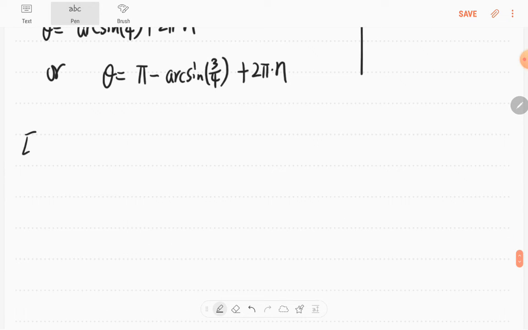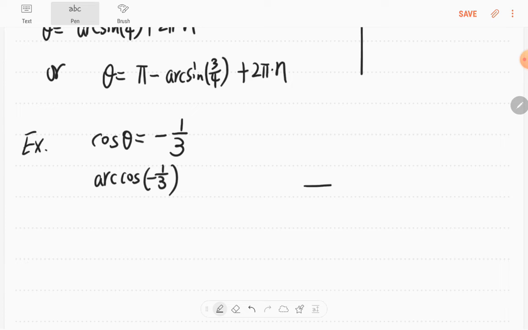Okay, so this is this problem. If we look at this one, cosine theta equals -1/3, again this is not a special angle. So the first thing is we still look at the arc cosine of 1/3.